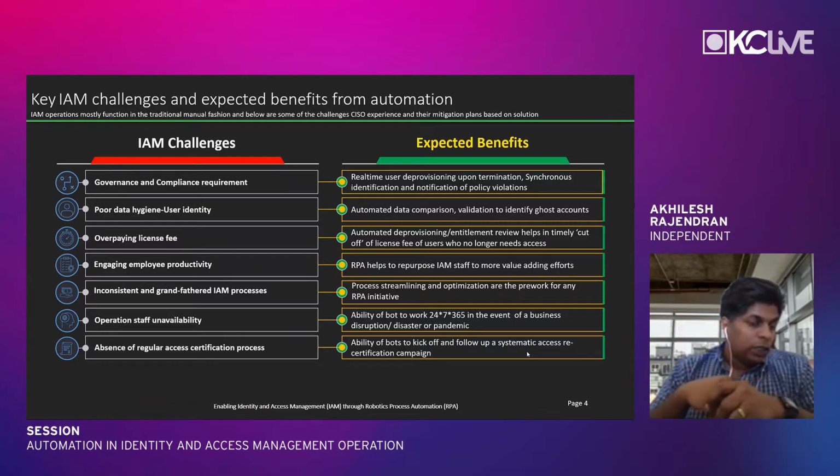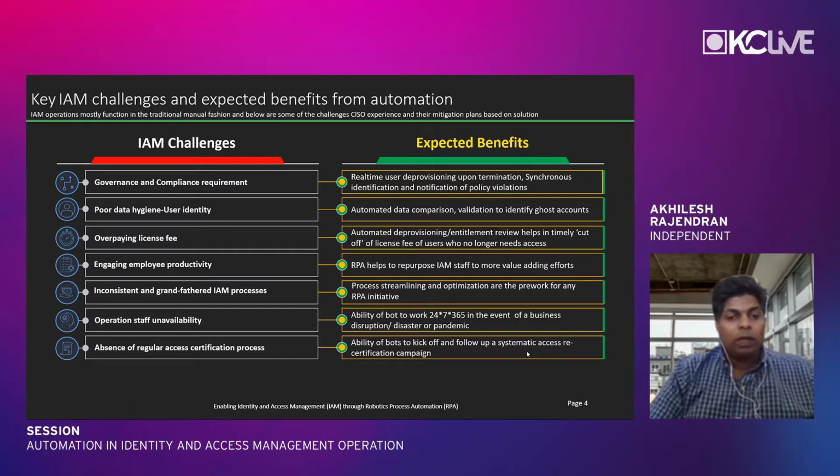One of the top challenges we keep hearing from the CISOs is governance and compliance requirements. If somebody is doing that, is it documented somewhere? Are they keeping logs? Are they doing the deprovisioning right on time?